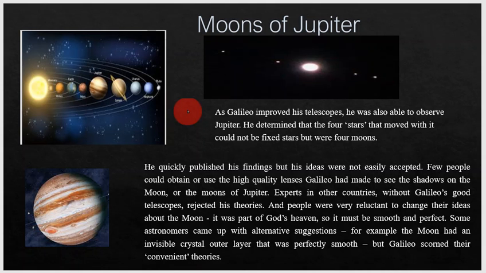Galileo was saying, maybe the moon isn't as perfect as it's being made out to be. I can see all of these imperfections on the moon. He published his ideas. Other people were not accepting of what he was saying. So it shows how certain ideas were slowly starting to change.